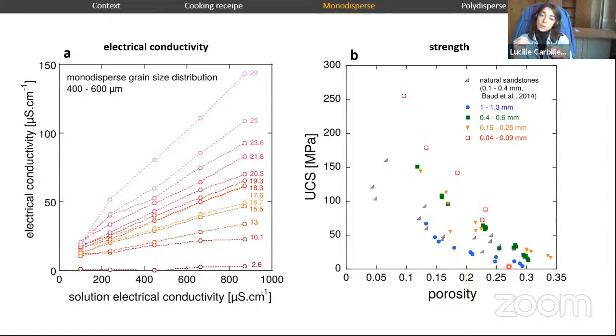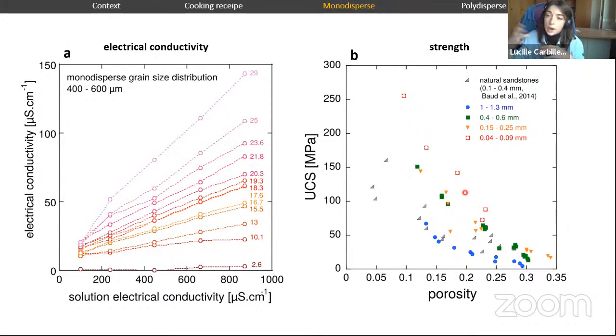In fact, we realized that there might be a change in the micromechanism for failure at some threshold porosity, maybe over there. So that's something we're currently working on, and I'm waiting on thin sections to see what we see as the failure mechanism.